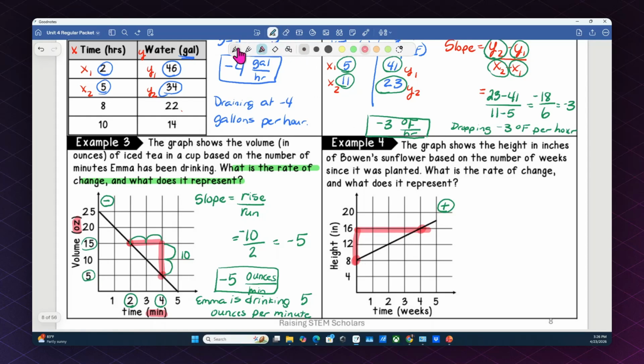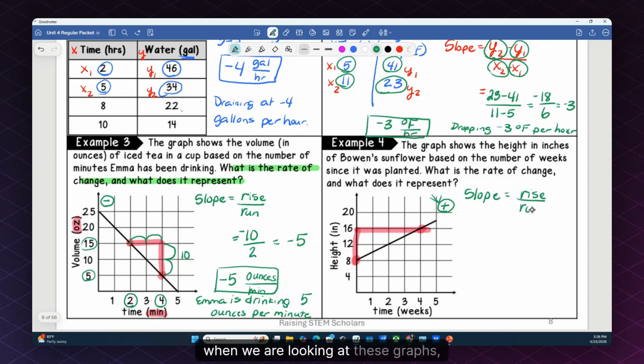All right. So let's look at this. This is going to be a positive slope. We already wrote that down up here. So life is good. We want to remind ourselves that slope is rise over run. Now, when we are looking at these graphs, just because we see that it is going up 2 hops, that doesn't mean that we put a 2 over here.